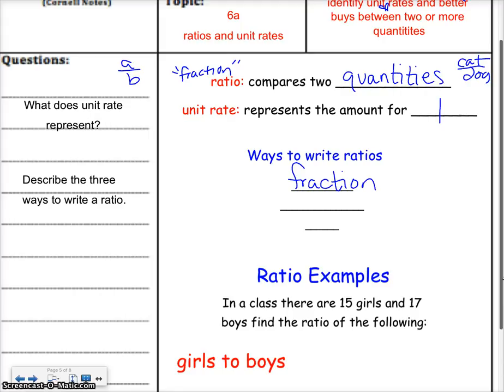So you could do A is to B. So then a fraction would be A over B. But everything means A is to B. Like cat is to dog here. Okay? So the fraction bar and the colon represent "is to." And the other one is the word "to." A to B. Those are the 3 ways. Most popular is the fraction.